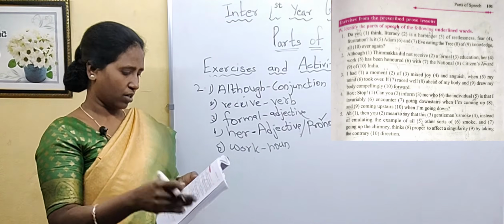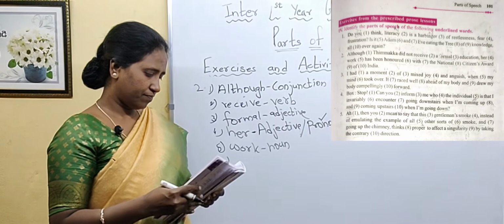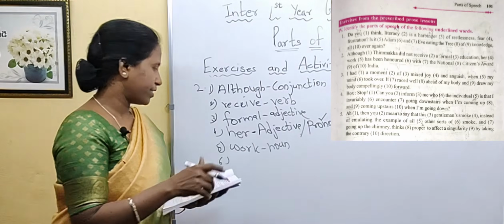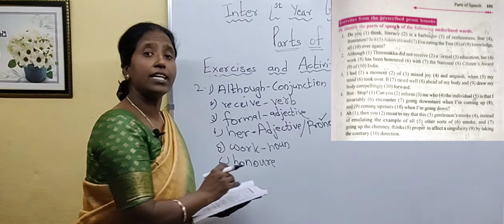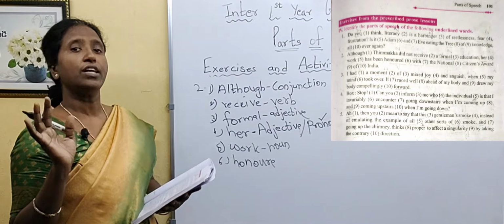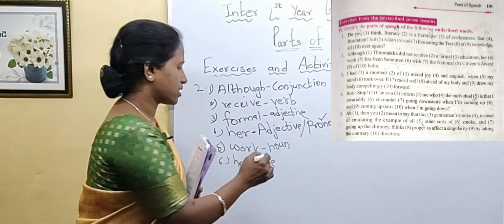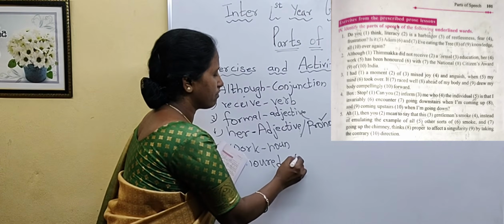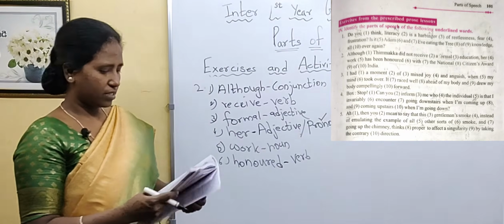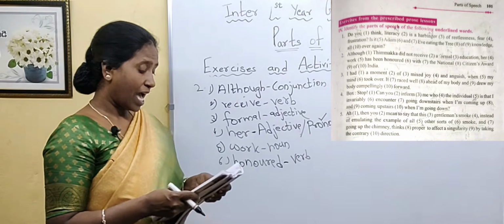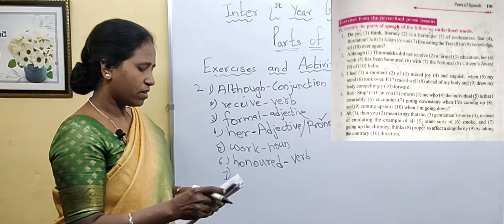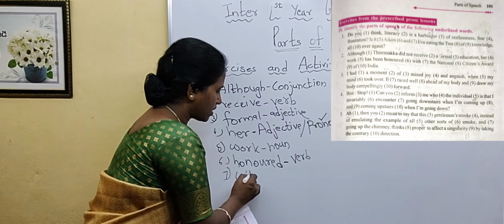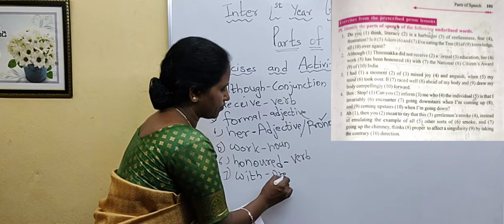Okay, her work. And then has been honored. Here also the H is silent. You should not say honored with an H sound. H is silent. Honored is a verb. Has been honored with. With is a preposition.